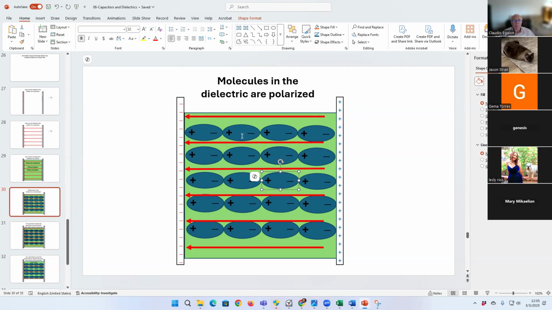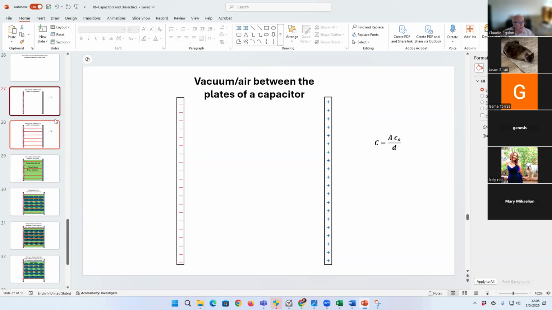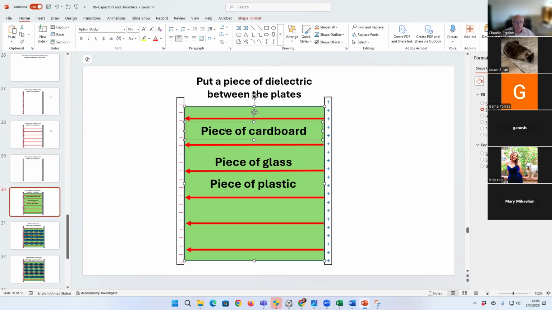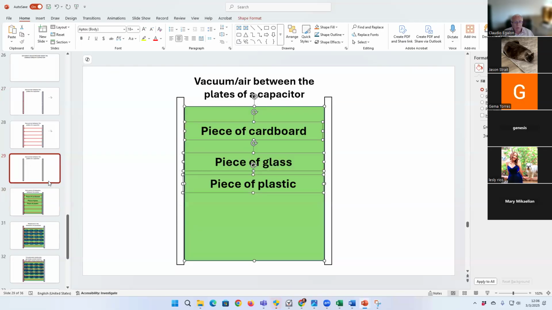With no electric field, you don't have something like that. With no electric field, the negative charges and the positive charges are going to be almost at the same place. Let me illustrate that for an uncharged capacitor, with this piece of cardboard there.